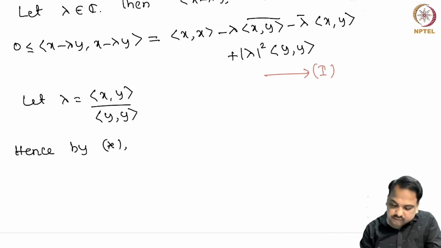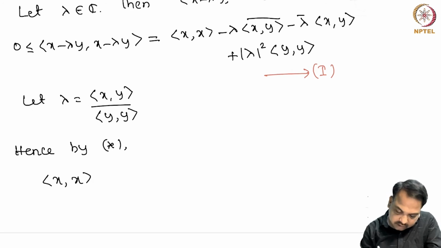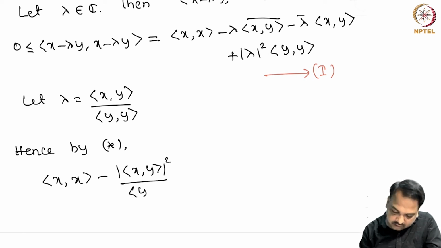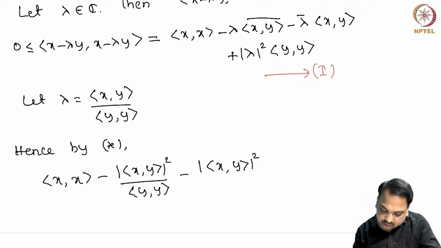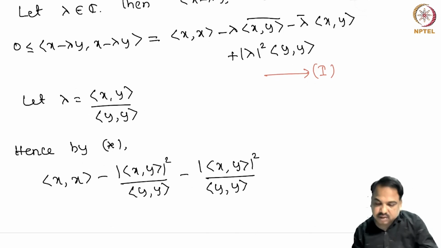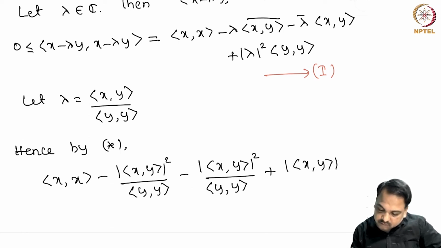Hence, by star we can say that the semi-inner product of x with x, minus the first middle term, which will be mod semi-inner product of x, y squared divided by the semi-inner product of y with itself, minus the second middle term, mod semi-inner product of x with y squared divided by the semi-inner product of y with y, plus, here the denominator gets cancelled, so you will get the semi-inner product of y with y.